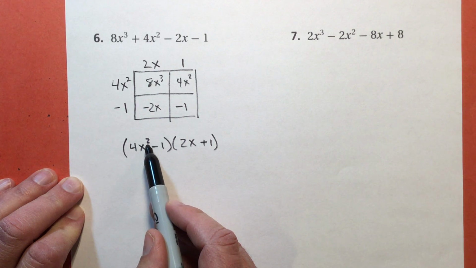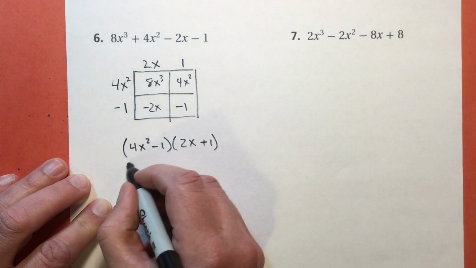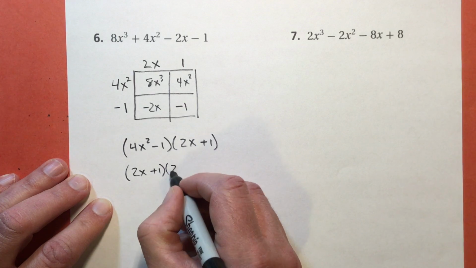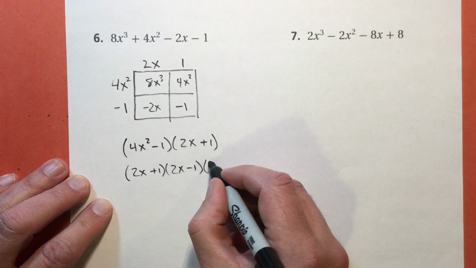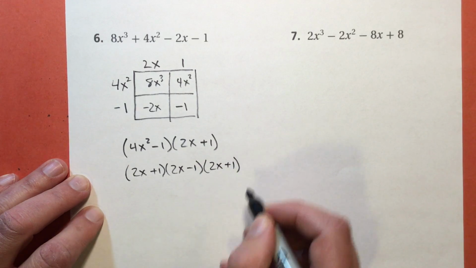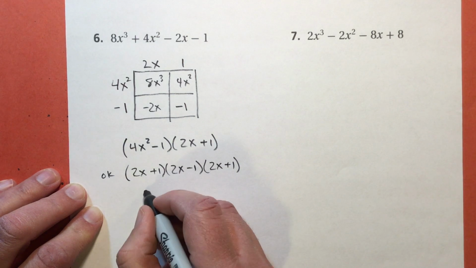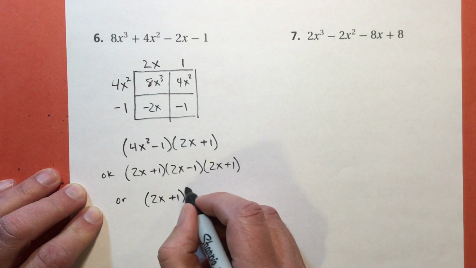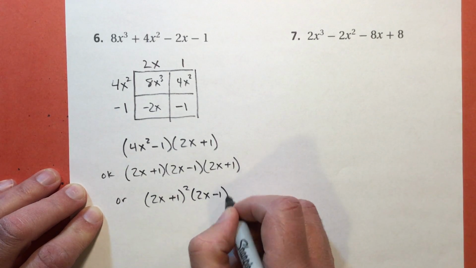X squared is a perfect square. 1 is a perfect square, so I can factor this. This is 2x plus 1 times 2x minus 1. And then, of course, I have this left over, 2x plus 1. This is okay. Because these two are the same, you could also write it like this: 2x plus 1 squared, times 2x minus 1.